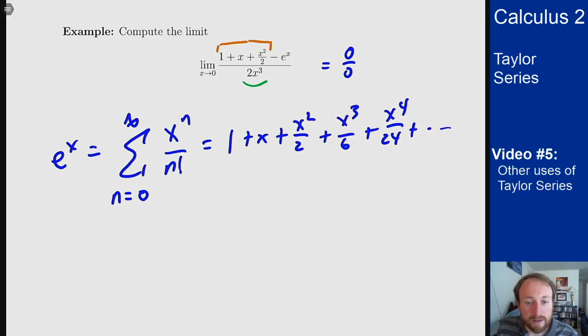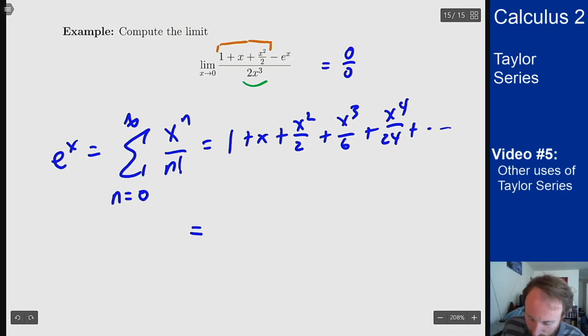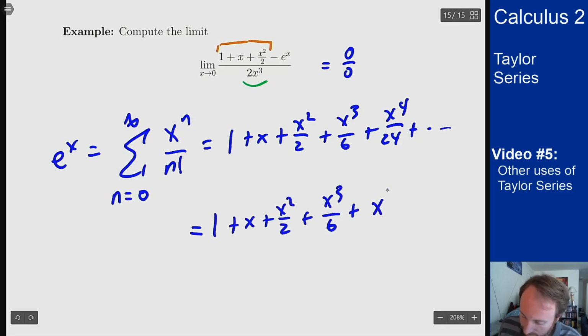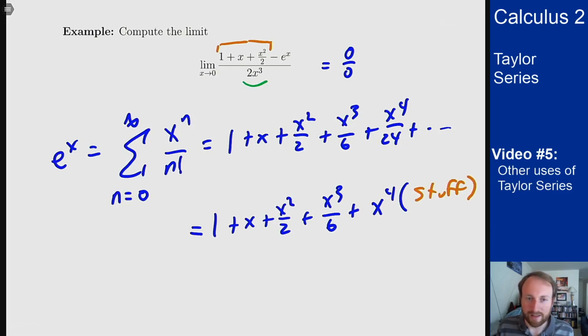The way I'm going to write this to make this more clear is this is the same thing as 1 plus x squared over 2 plus x cubed over 6, plus x to the 4th times stuff. And this stuff is a polynomial. It starts with 1 over 24 plus other terms. It's a polynomial, they all have degrees of x in them, at least 0, so we're fine there.